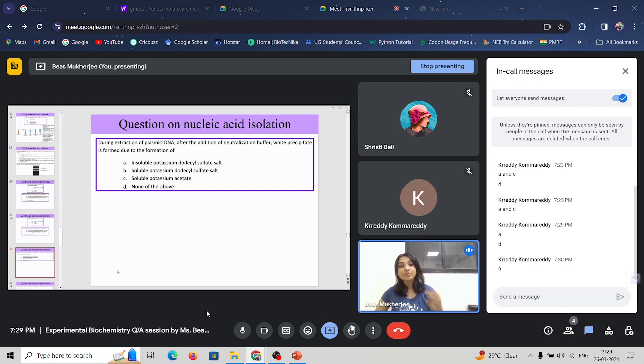Now always remember, precipitate is formed when something is insoluble. Otherwise it would be a clear solution, it would be intertwined with the entire buffer, right? So only and only when it is insoluble it is going to precipitate out, and therefore yes, A should be the right answer.